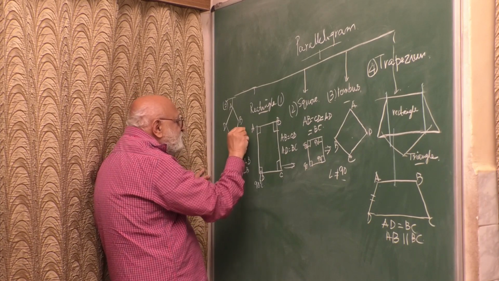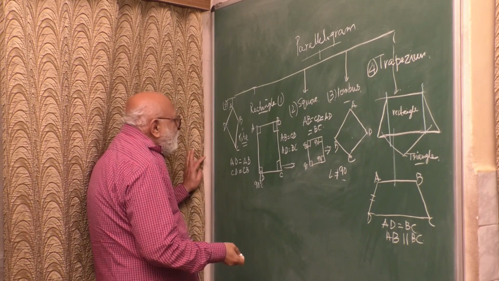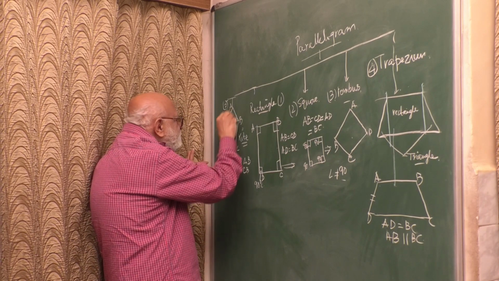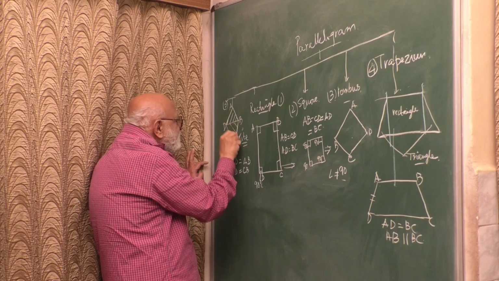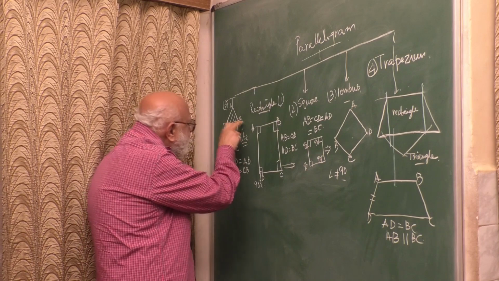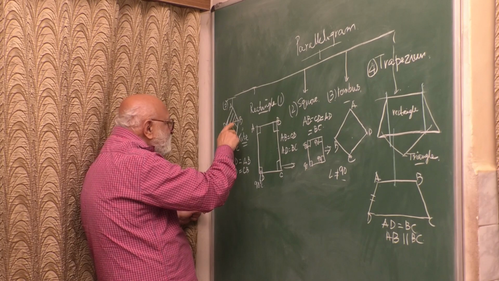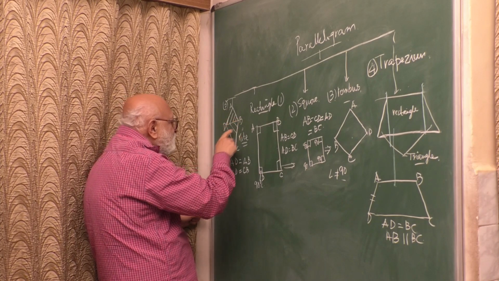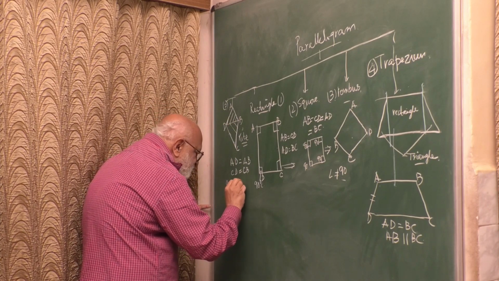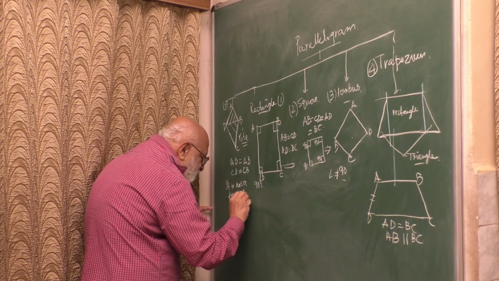There is not much application of a kite, but anyway, if somebody asks you how to find the area of a kite, don't get scared. You join these two, so this forms two triangles, and you will be able to obtain their areas. But you cannot say exactly it's a parallelogram, because it is not a parallelogram.